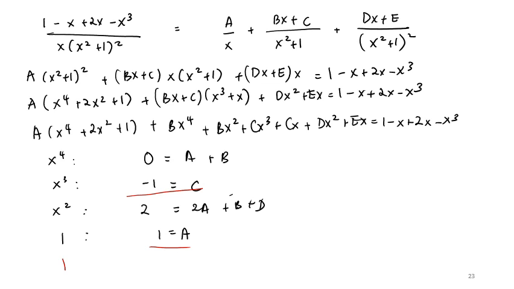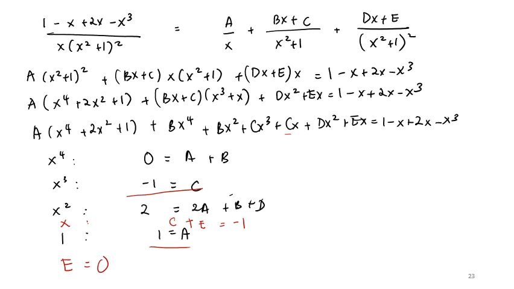And actually E equals 0, because, looking at the x term, C plus E equals -1.